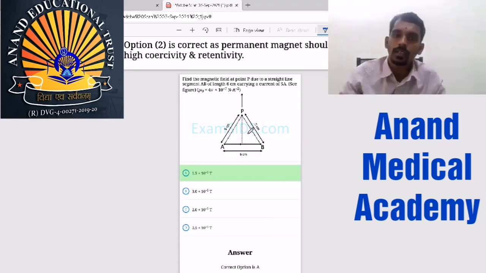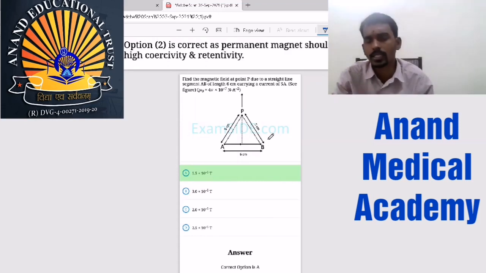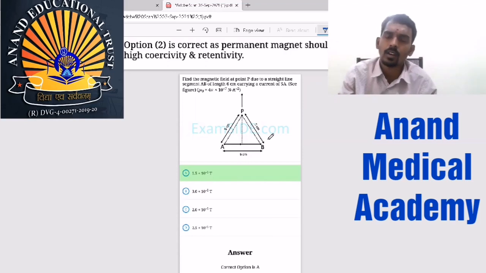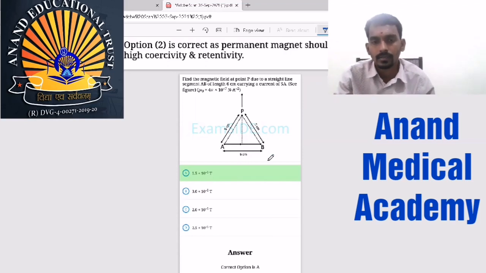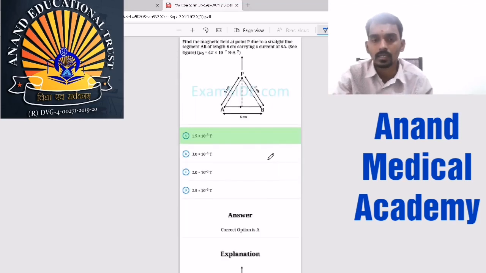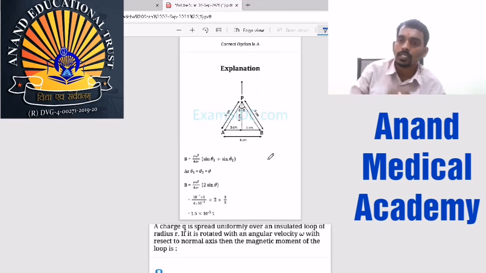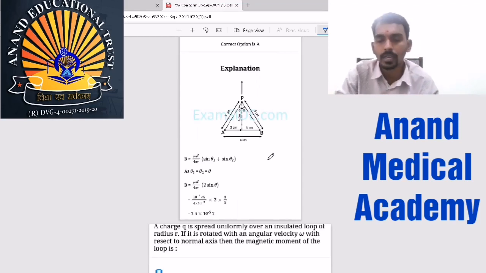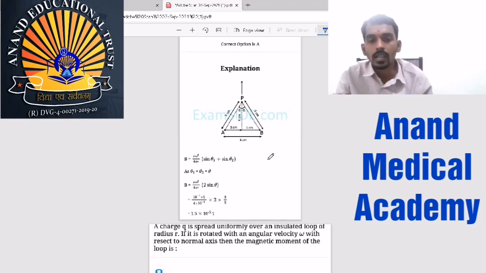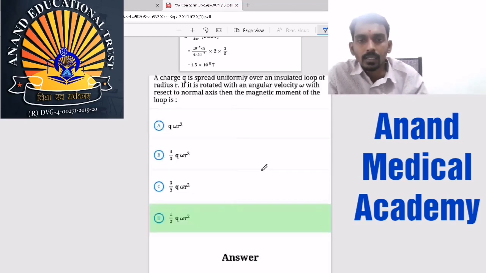Now this is again the same question: what is the magnetic field due to a current element, whether it is linear or circular or anything. That is one of the important topics from the magnetic effects of electric current. You should know the method: if there is a semi-infinite wire, an infinite wire, a finite wire, a semicircle, a circle or a sector, what is the magnetic field due to that element.